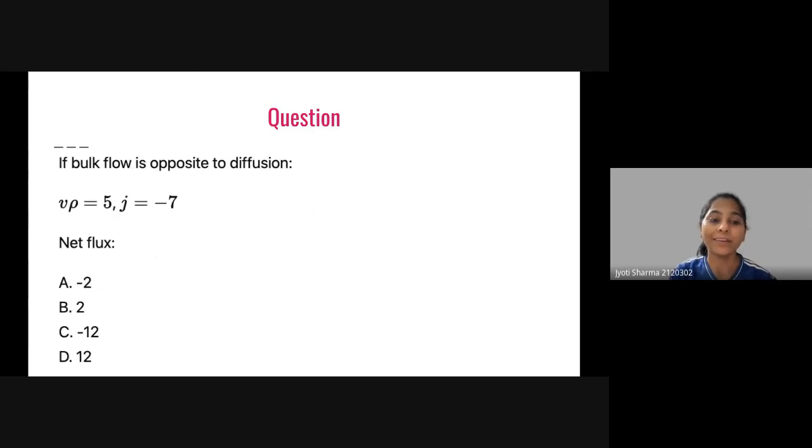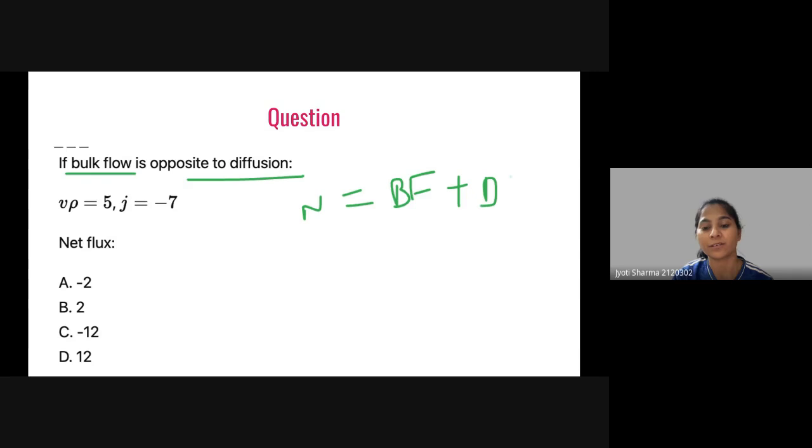Okay, if we have bulk flow that is opposite to the diffusion, what will be the net flux? If bulk flow is opposite to the diffusion, what will be your net flux? Net flux is nothing but your bulk flow plus your diffusion flux, right?